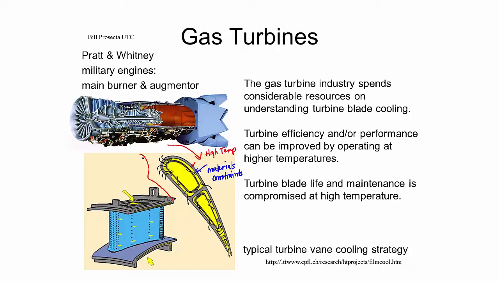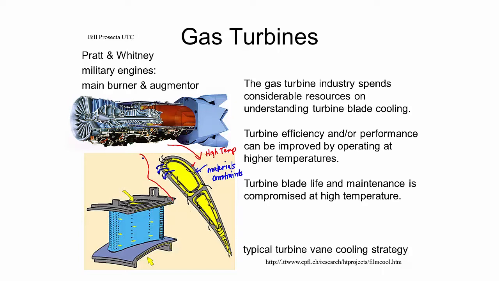In some sense, we really have just used this high temperature to create this high velocity, high energy flow that we're going to extract work from. To protect the turbine blades, one of the strategies that's used is providing bypass air or cooling air that goes through the vanes themselves and protects the vanes from this high temperature flow.